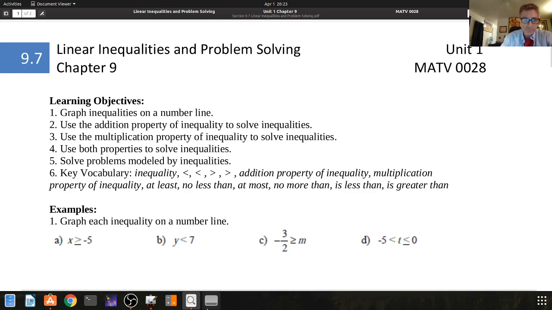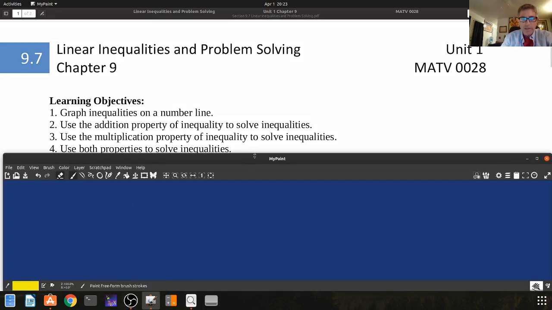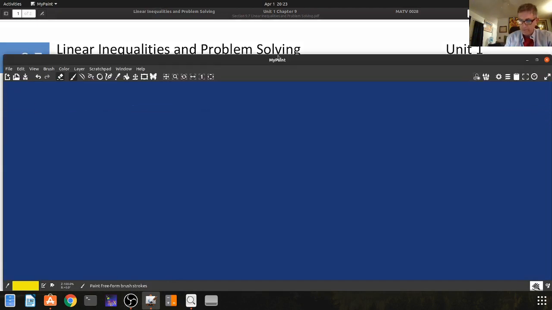So let's just review really fast our inequalities. We have four possibilities.